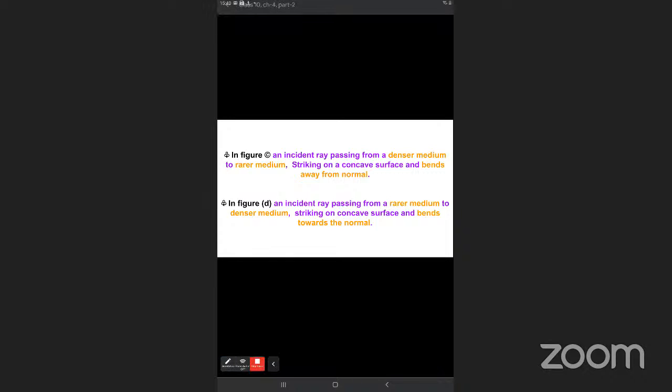So remember one point here: when the light ray travels from denser medium to rarer medium, after refraction, it bends away from the normal. And when light ray travels from rarer to denser medium, the refracted ray bends towards the normal.